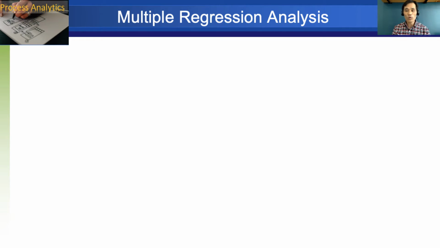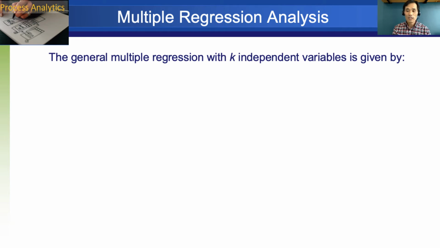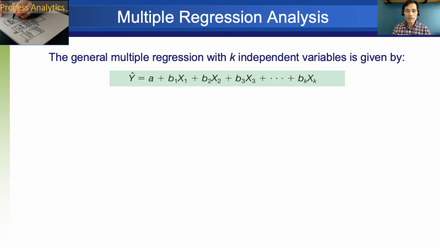Here's the generalized formula of multiple regression. Y hat equals intercept plus beta 1 times x1 plus beta 2 times x2 plus beta 3 times x3 plus, it goes on, and beta k times xk. That's the general form of multiple linear regression.